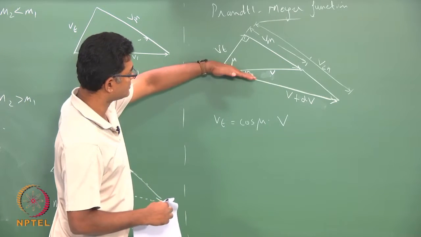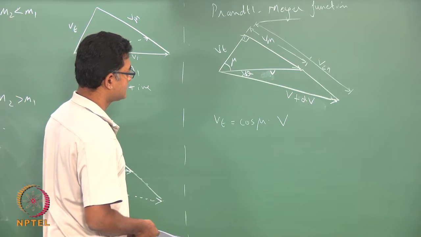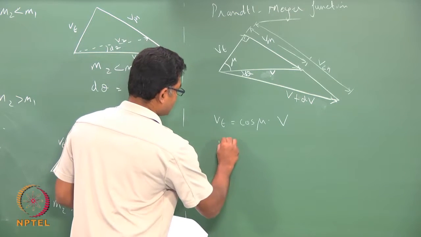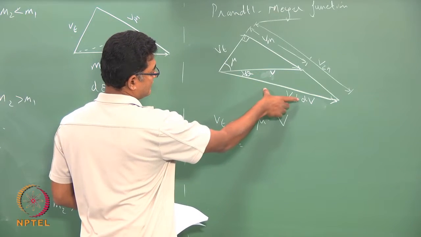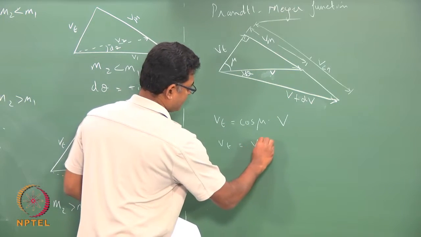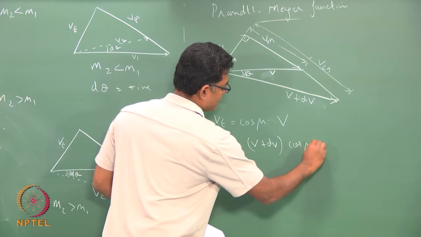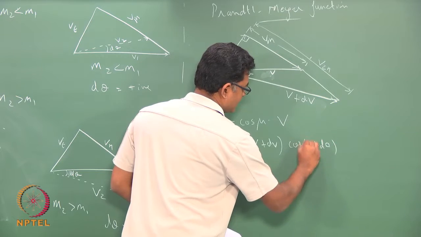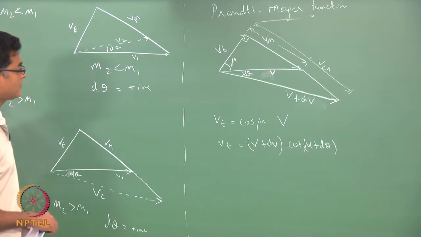So, it is just the cos of this angle, okay. Vt is also this angle and component of this. So, it is V plus dV into cos of mu plus d theta, okay.